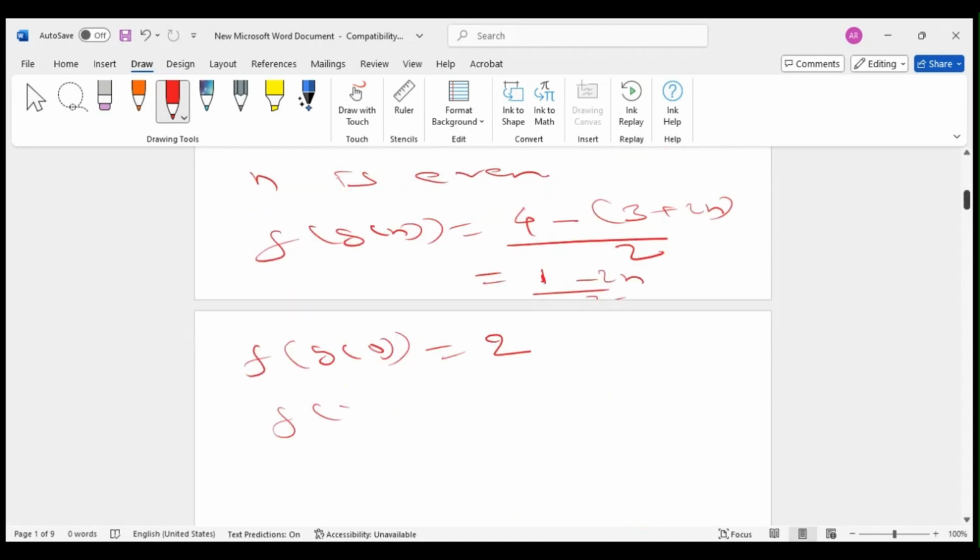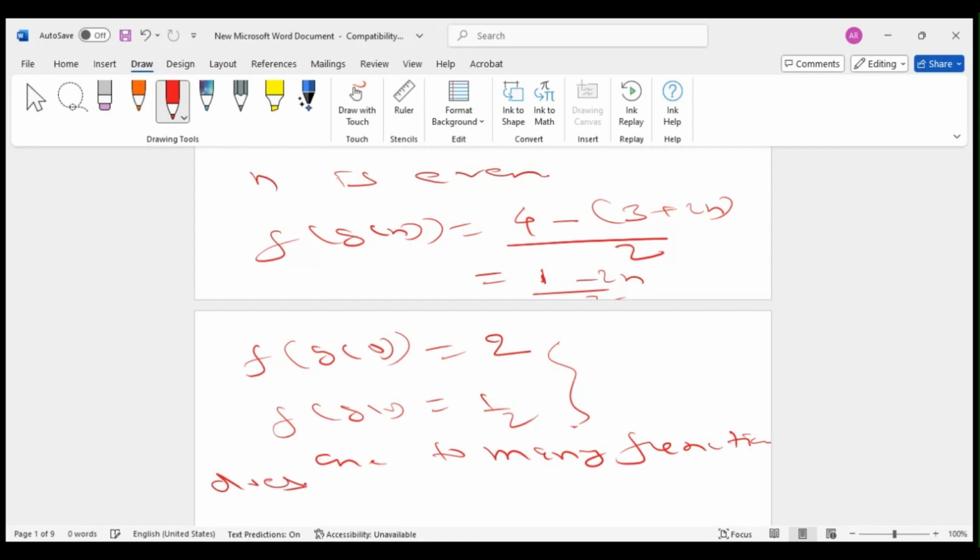Is it possible? It is not possible, because the same domain cannot have two values or two ranges. Means one to many functions do not exist.